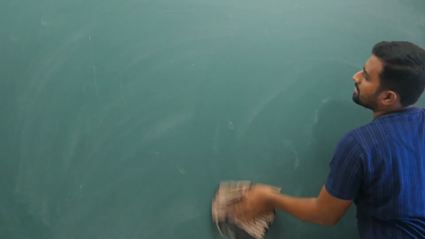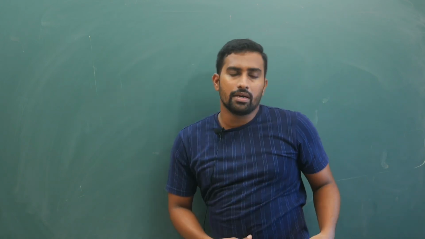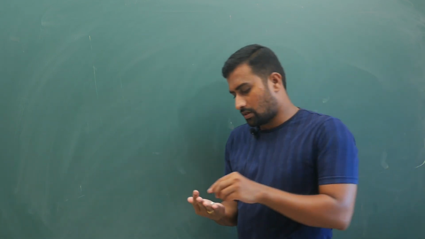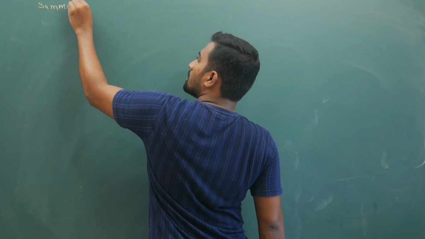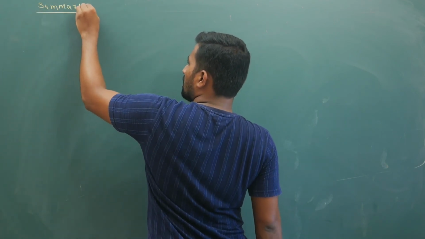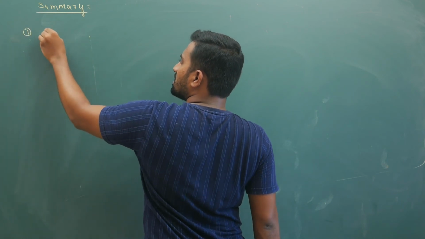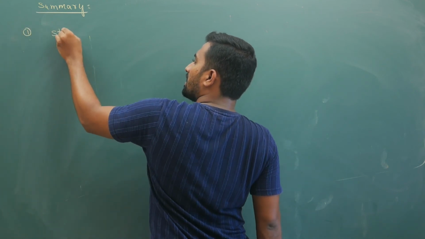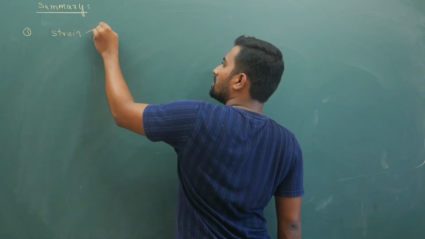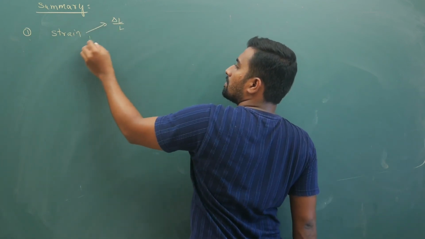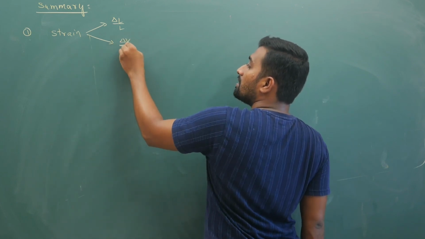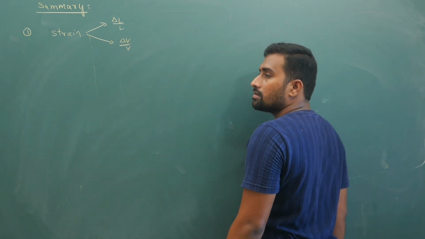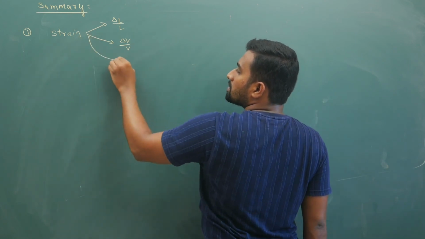So your summary is from the previous class and today's class. We have seen only mechanical properties of solids, and what we are supposed to remember is, point number 1, your first definition, strain: change in length by original length if it is longitudinal strain, change in volume by original volume if it is bulk strain or volume strain.